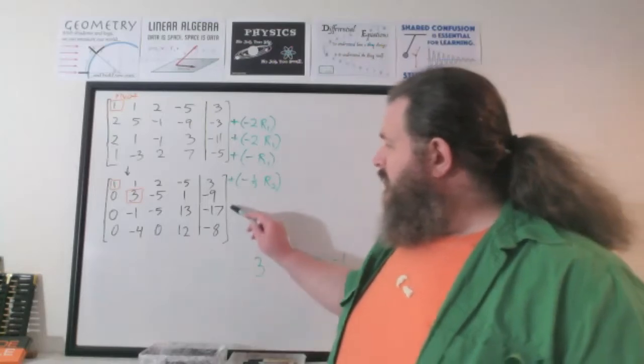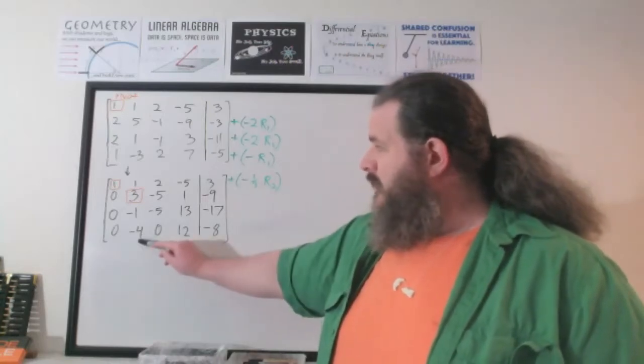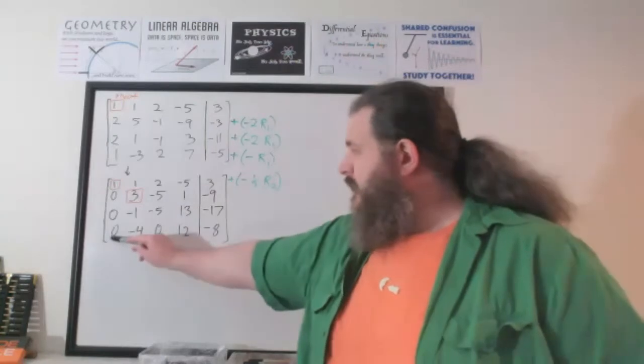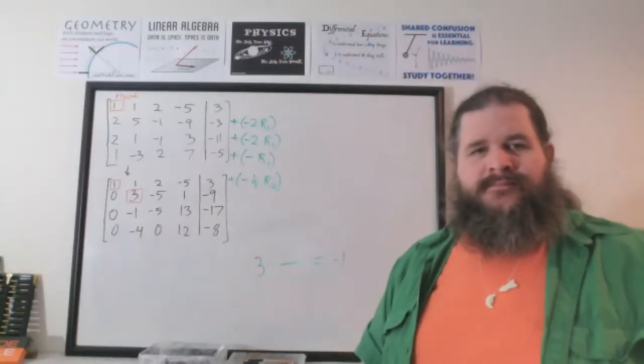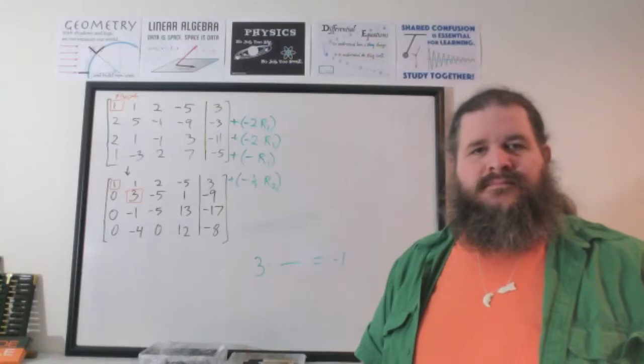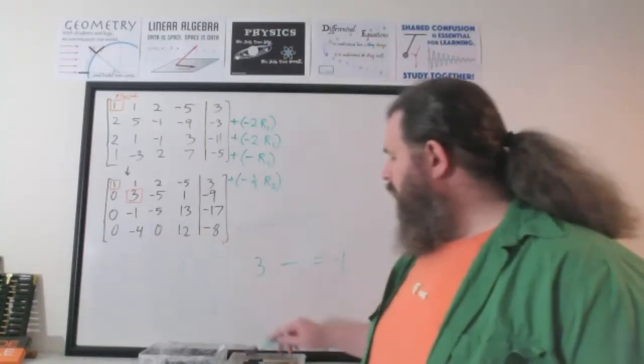I think we might be able to go even easier though, because even though a -4 doesn't look easier than a 3, what do you notice about all the numbers in this row? The multiples of 4. Yeah, those are all multiples of 4.